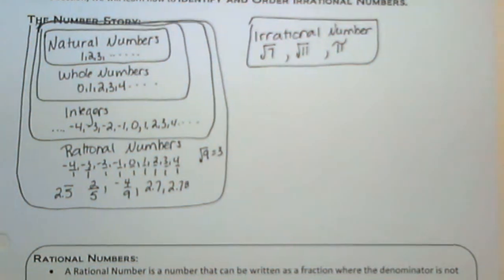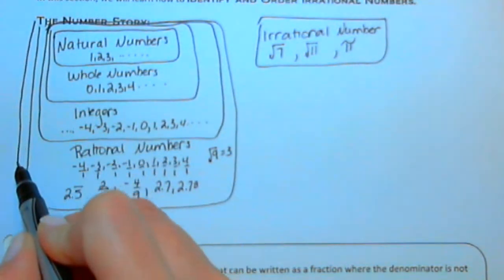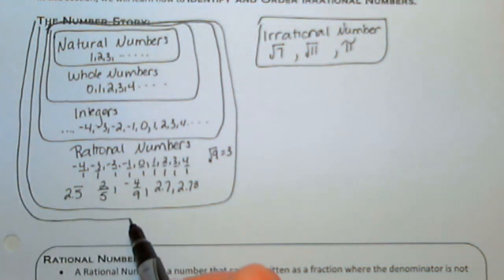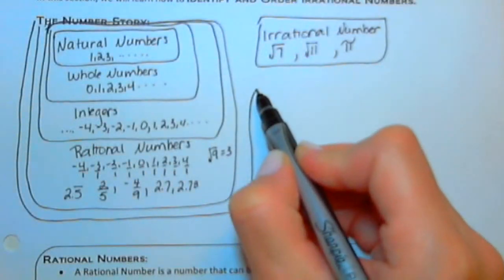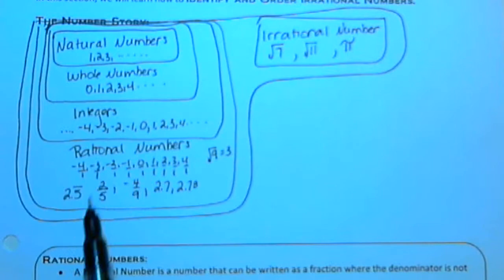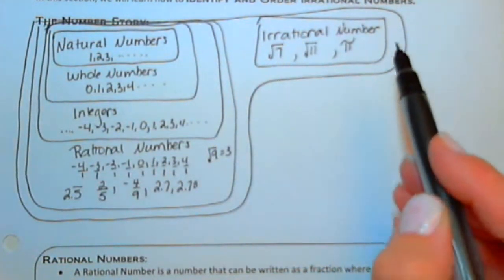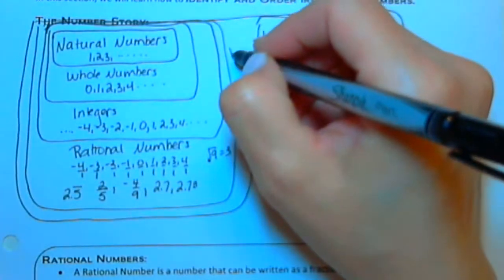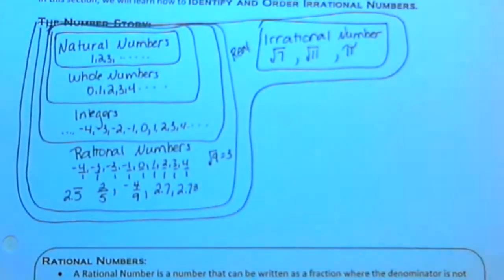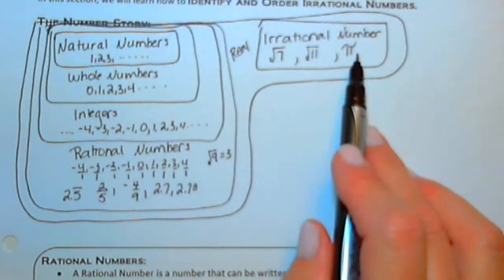Now I'm going to jump ahead a little bit and go beyond what we're actually going to talk about this year, just so you can see a snapshot of what all occurs. These numbers here, all together, the rational and the irrational, are all called real numbers because they all really exist. Pi, for all its strangeness, exists, and we use it a lot.